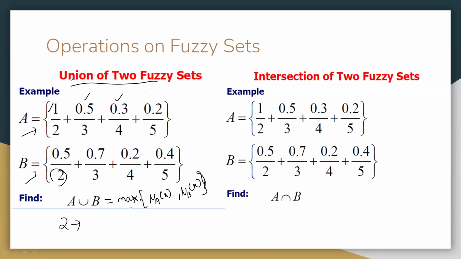You can see here 2 has 0.5, whereas here it has 1. So naturally for A union B, I'll be selecting only 1 by 2, not 0.5.